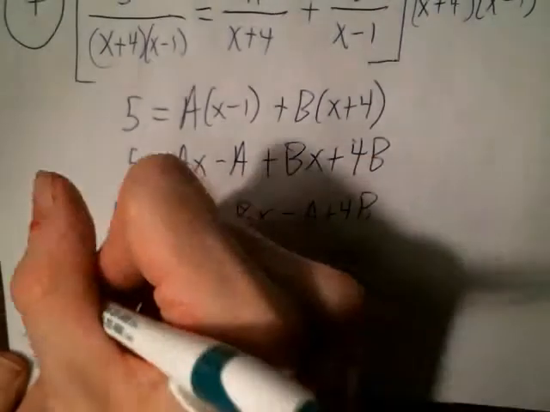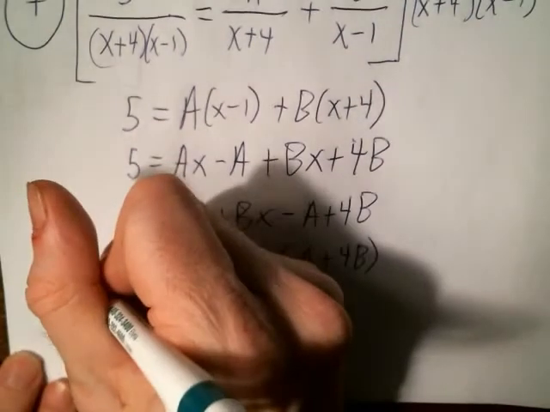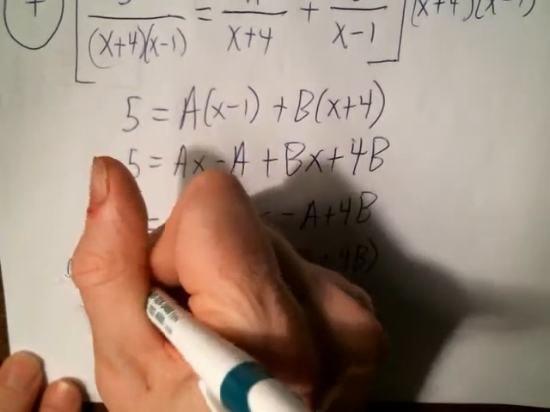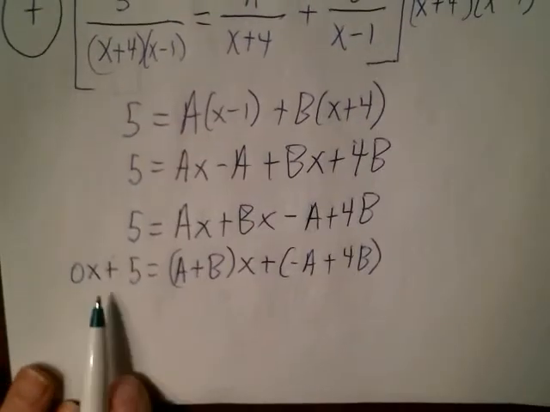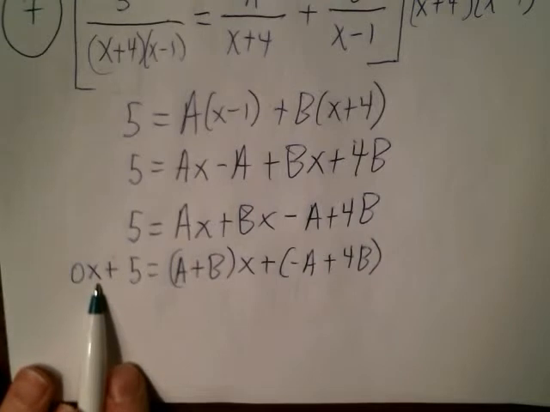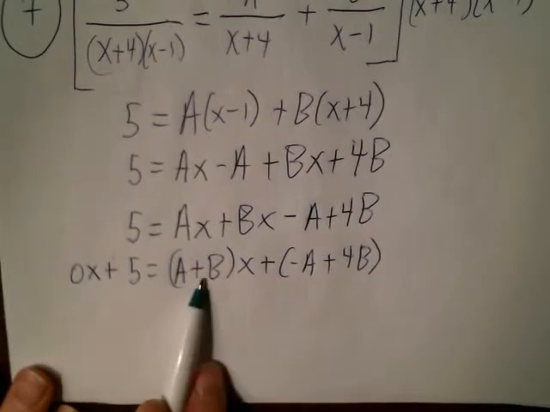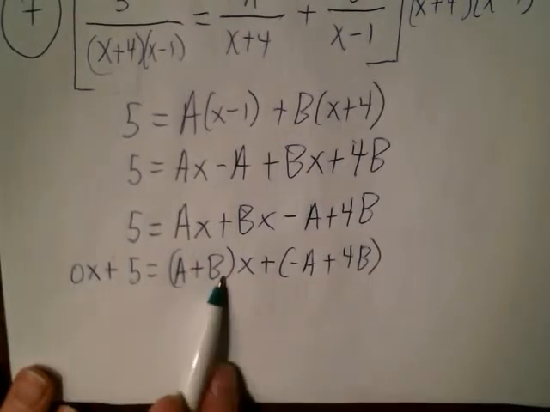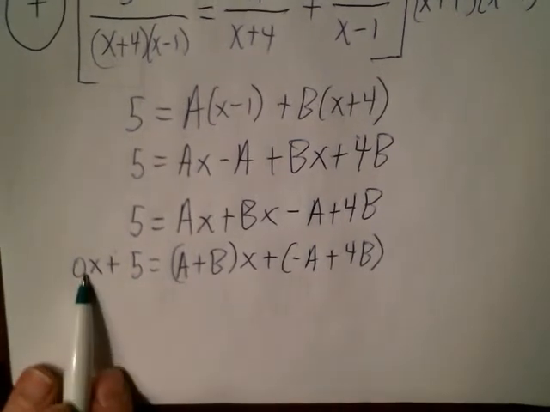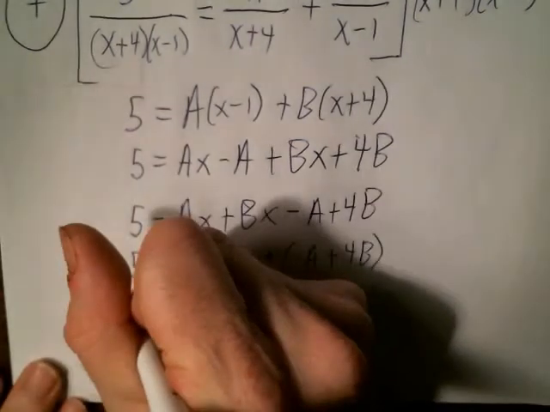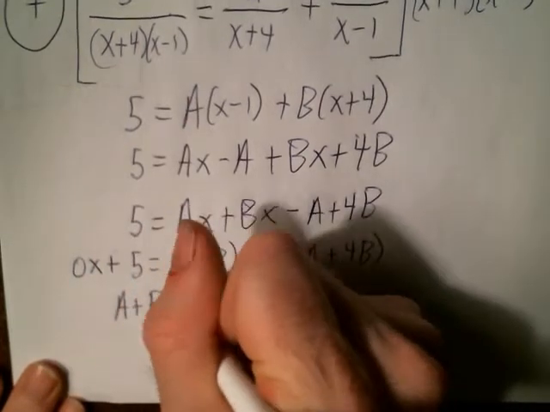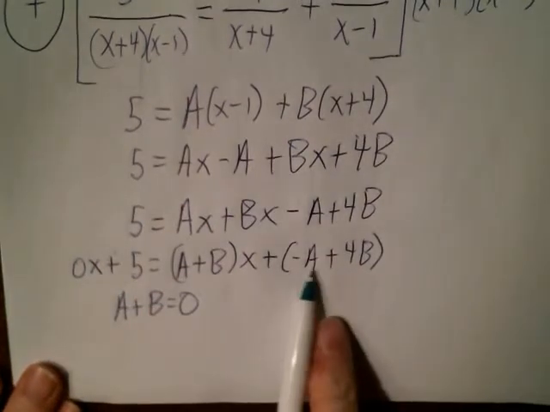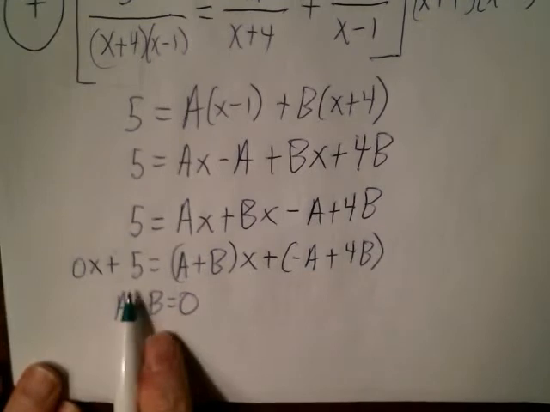So equating coefficients now: on this side, there is not really an x variable, so you just put a placeholder there, 0x. And then you equate the coefficient of this x and this x. So A plus B must equal 0. And what you're ending up with is a system of equations. Right here, negative A plus 4B is equal to 5.